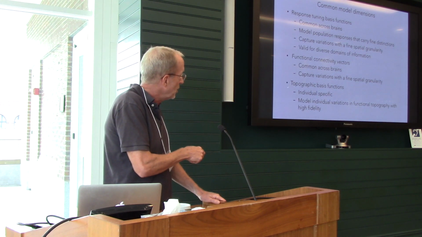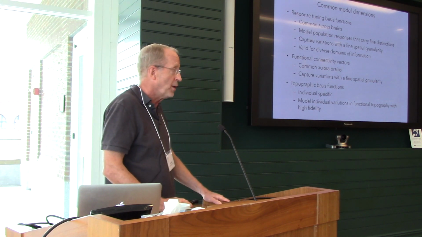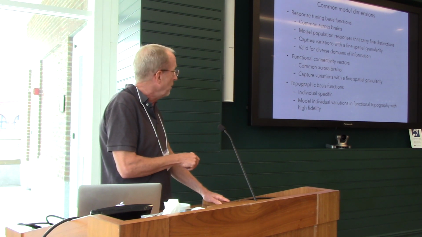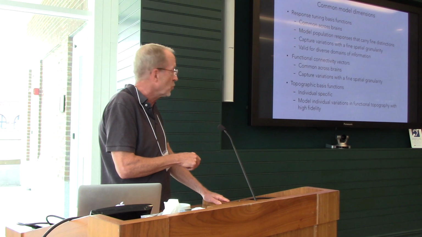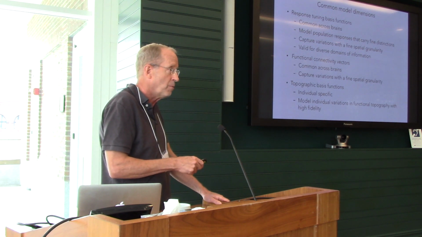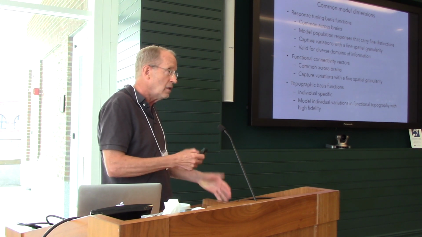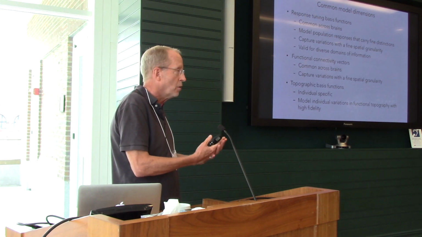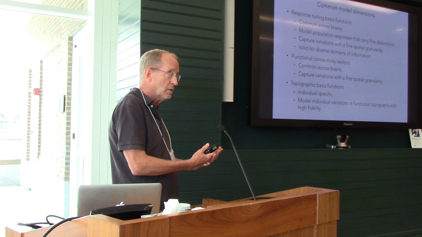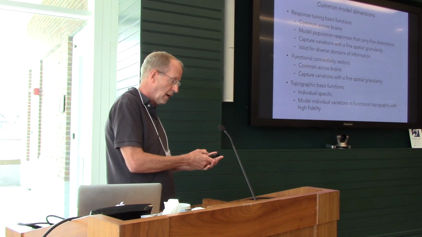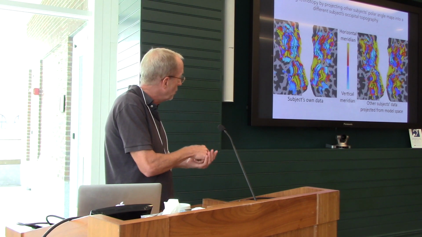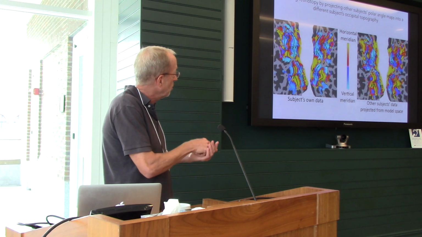And each one of these dimensions also is associated with a topographic basis function. That's the part that I just skimmed over. These topographic basis functions are individual specific. They exist in the transformation matrix. And you can model an individual's functional topography as a superimposition or multiplexing of these topographic basis functions. And that actually works with high fidelity. So for example, this is an individual subject's retinotopy.